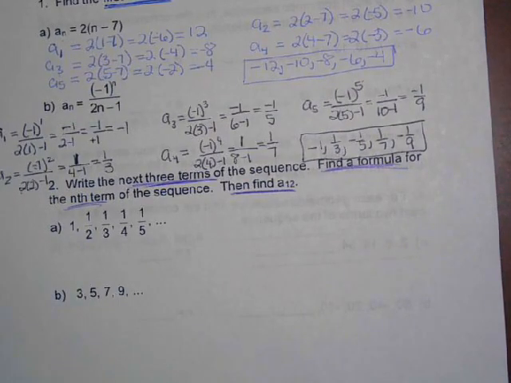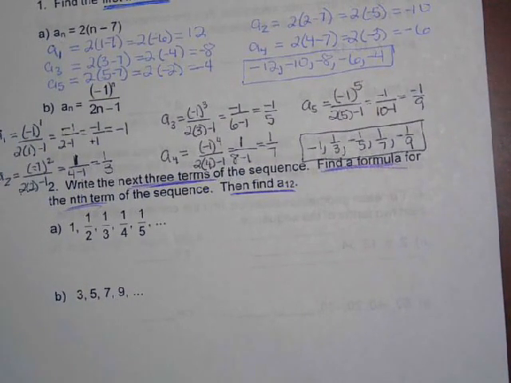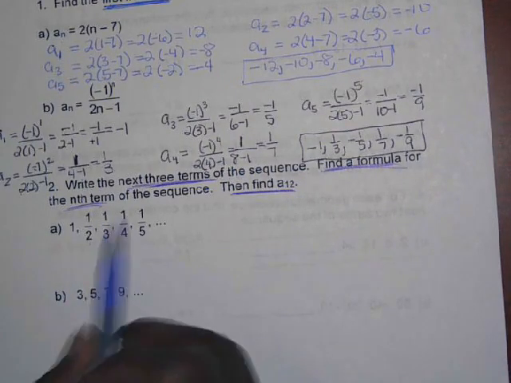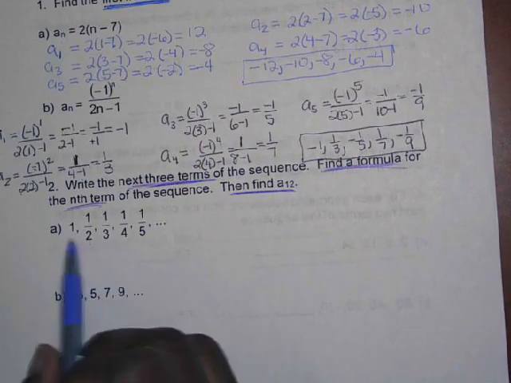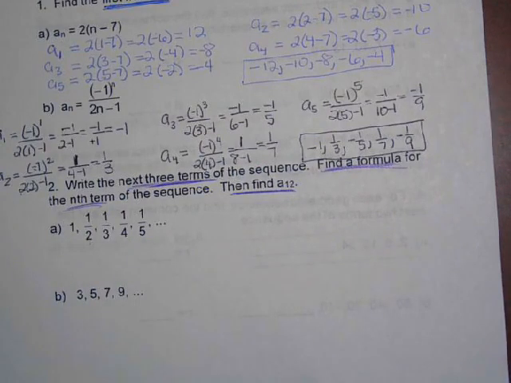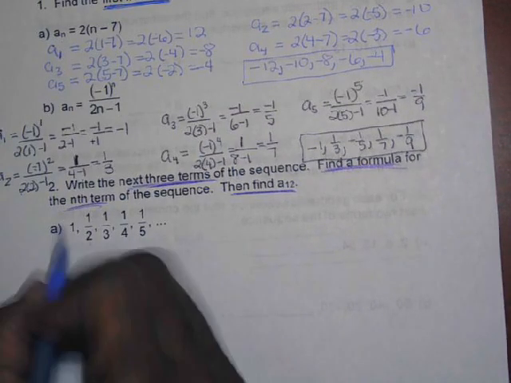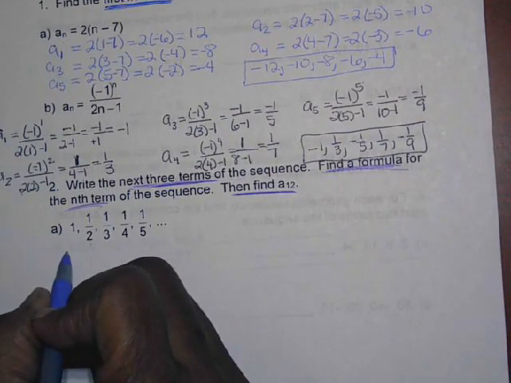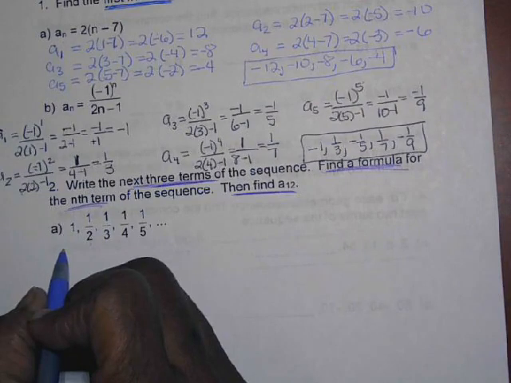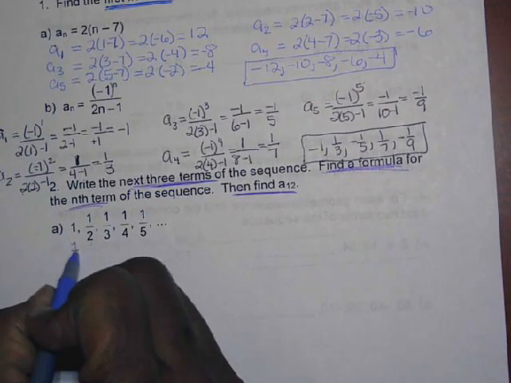All right. So let's see. 1, 1/2, 1/3, 1/4, 1/5. I know they're getting smaller. So let's see. This is the first term, which is 1.